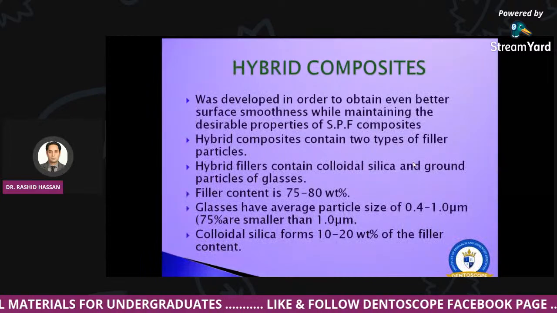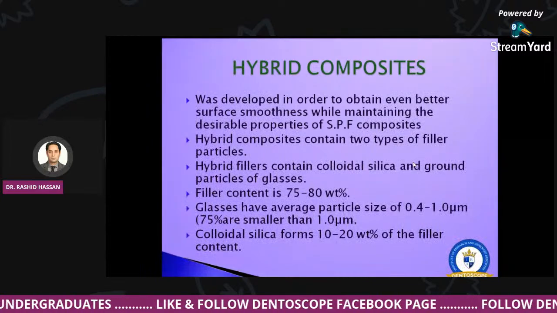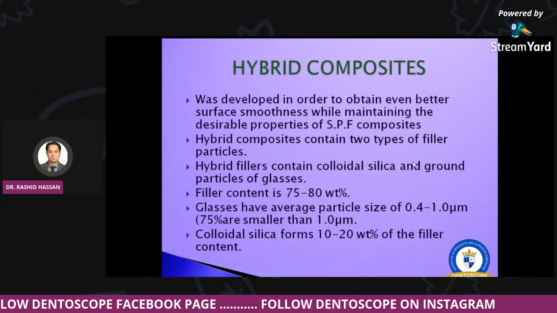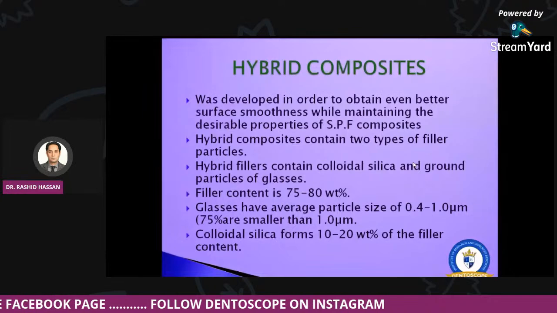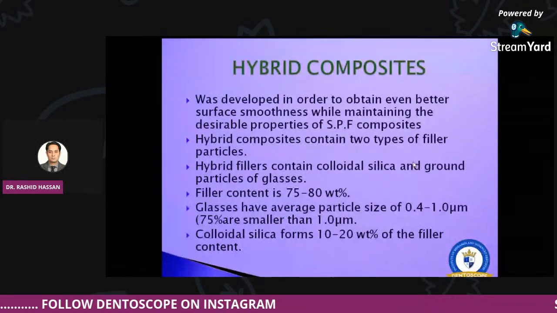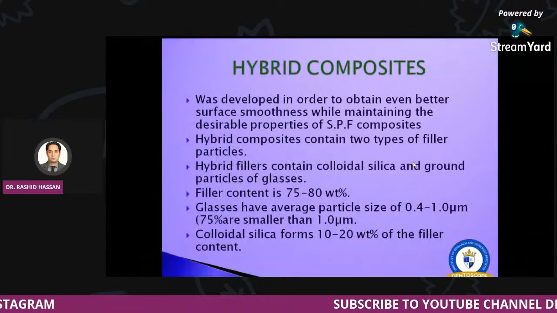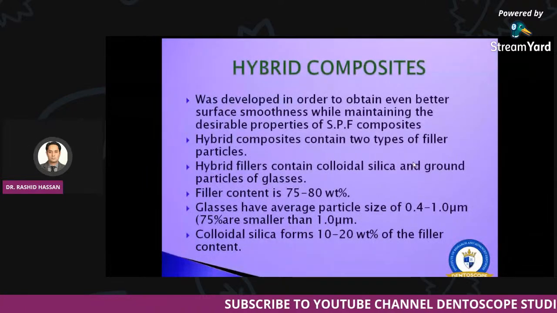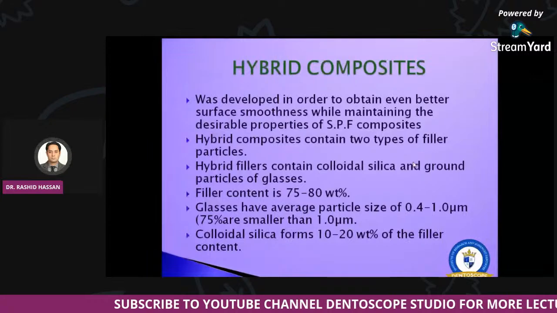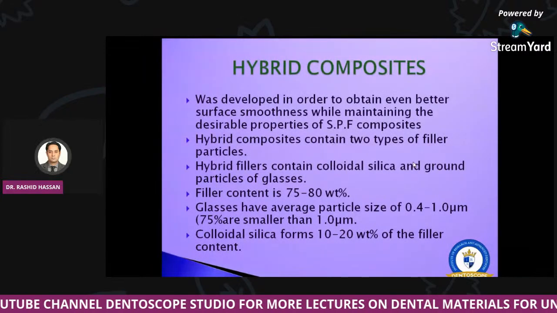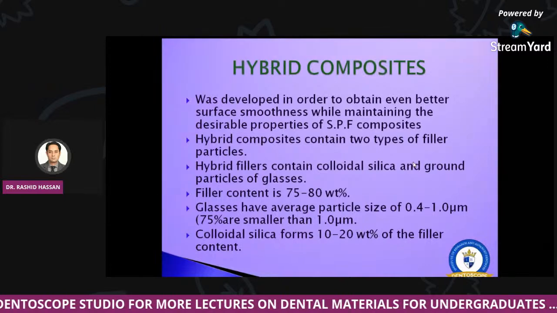Then coming to the hybrid composite, well, they were developed in order to obtain a better smooth surface while maintaining the durable properties of the small particle filler. So we wanted to keep the good properties of SPF, because by now we have studied the traditional, small particle filler and microfill, and among these three, small particle filler had the best properties.